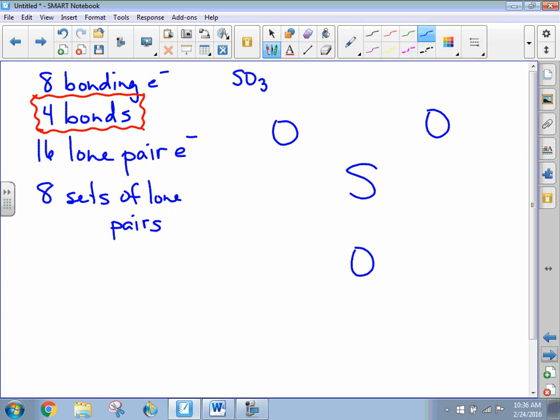I'm going to fill in 1, 2, 3, and because there's no other option for sulfur to bond to, a double bond is going to be created somewhere. So 1, 2, 3, 4. Sulfur now has 8 electrons around it, and we've got to fill in our 8 sets of lone electron pairs.